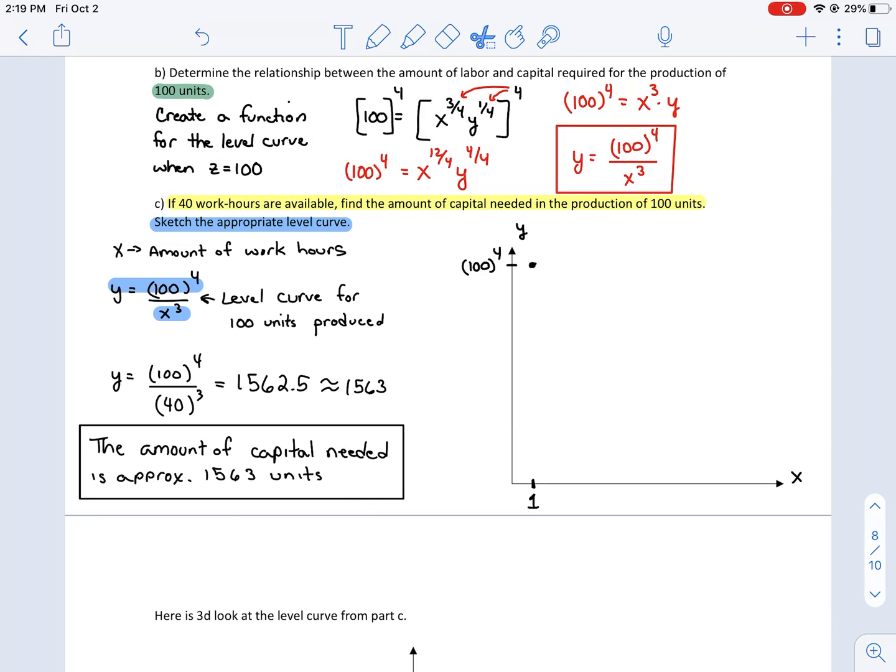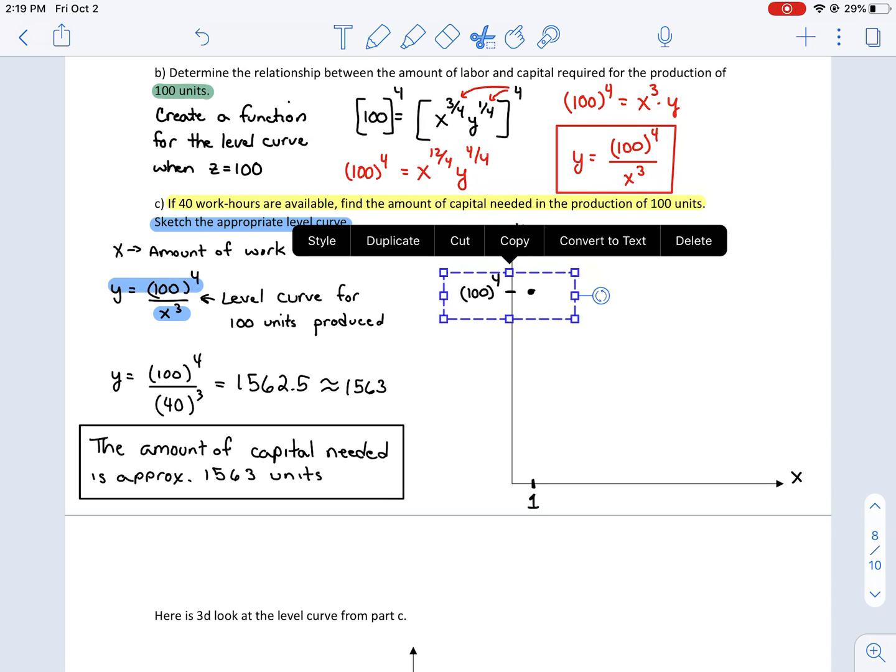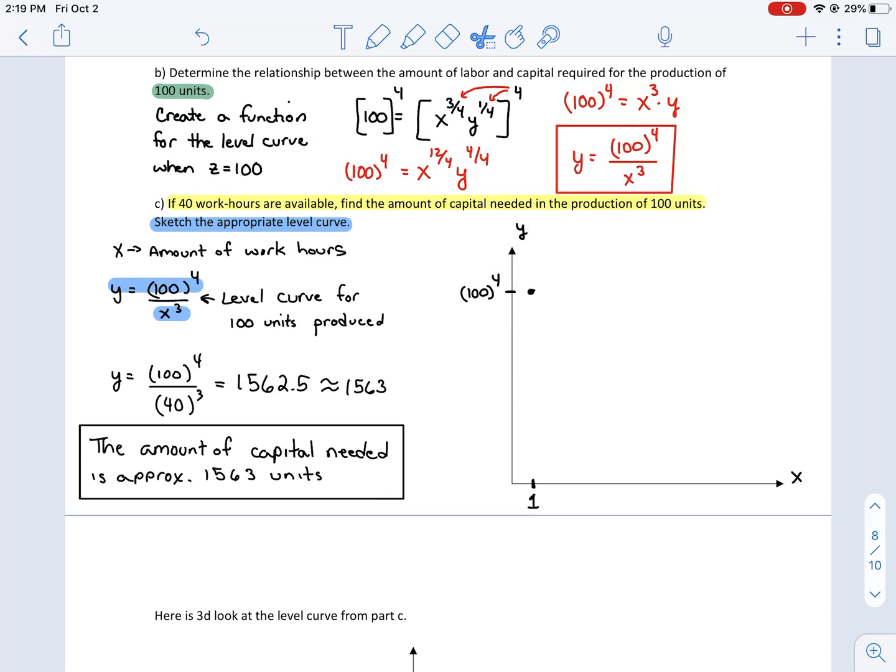So here's the first coordinate. And we do know a second coordinate. When x is 40, y is 1562.5.